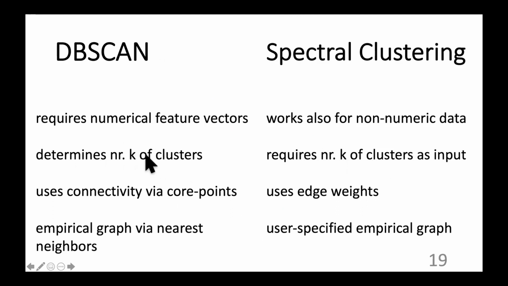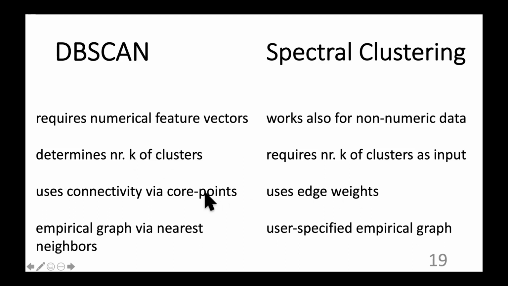So it can also be used to detect outliers without knowing how many regular clusters there are. DBSCAN detects the number of clusters automatically just from the data. The difference is that in spectral clustering, we use connectivity just by the edges of a graph.